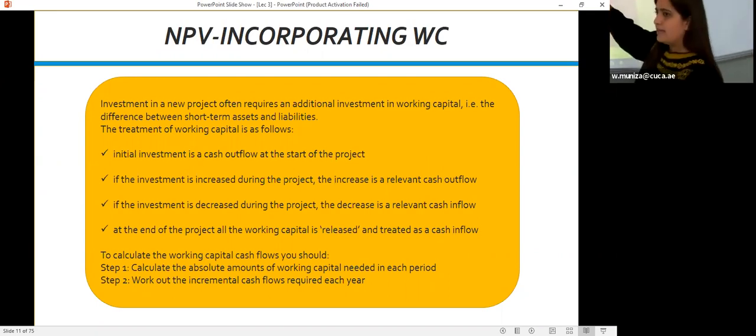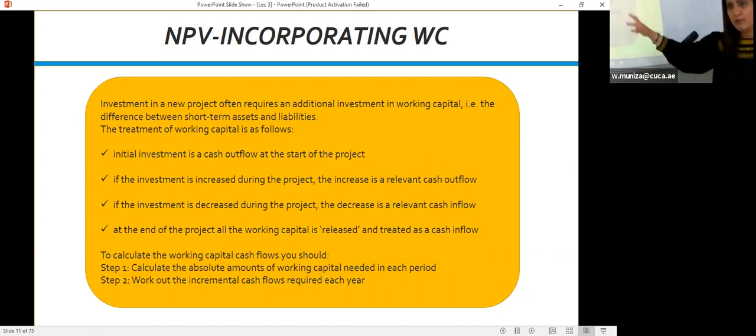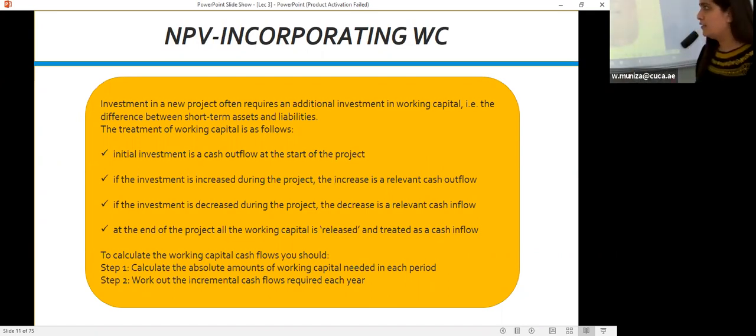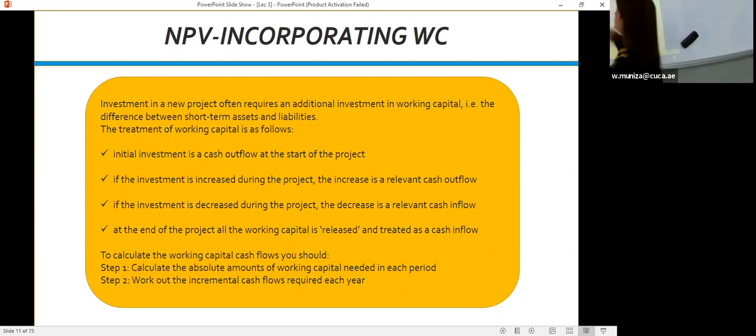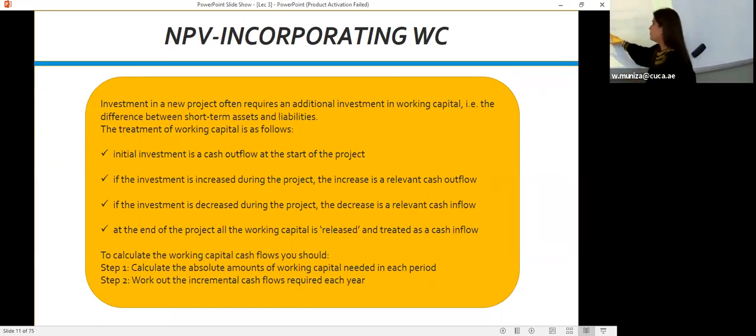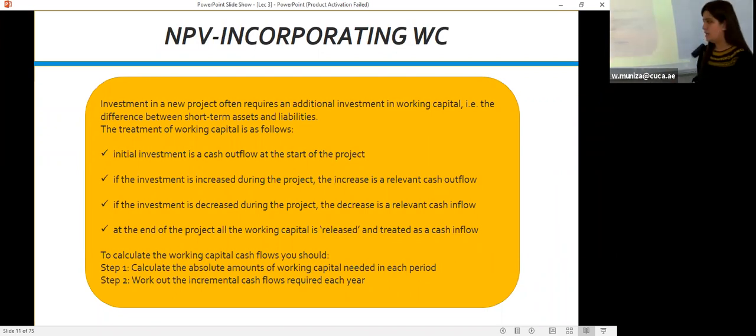Okay, now we are learning how to incorporate working capital in our investment appraisal. Initial investment is the cash outflow at the start of the project. If the investment is increased during the project, the increase is a relevant cash outflow. If it is decreased, the decrease is a relevant cash inflow. At the end of the project, all the working capital is released and treated as a cash inflow.